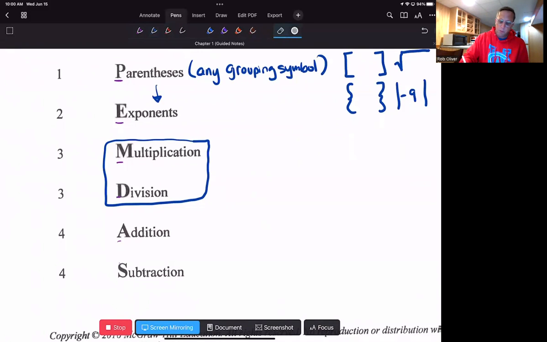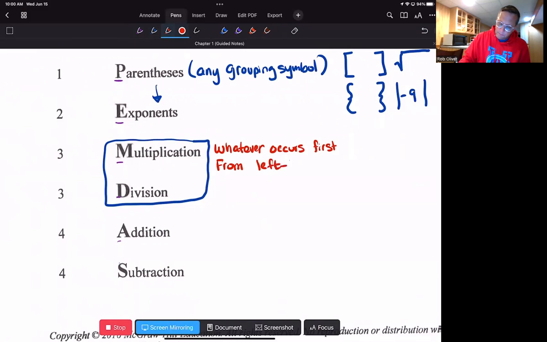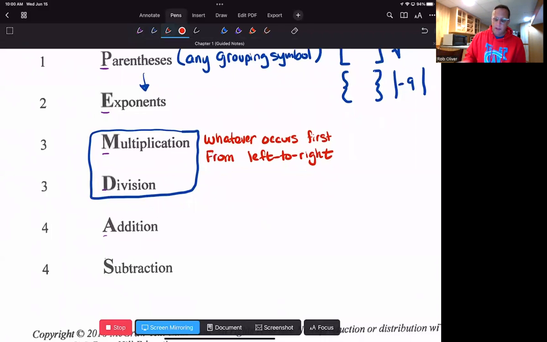When multiplication and division are together, it's whatever comes first, from left to right. Whatever shows up first, from left to right has to be done.